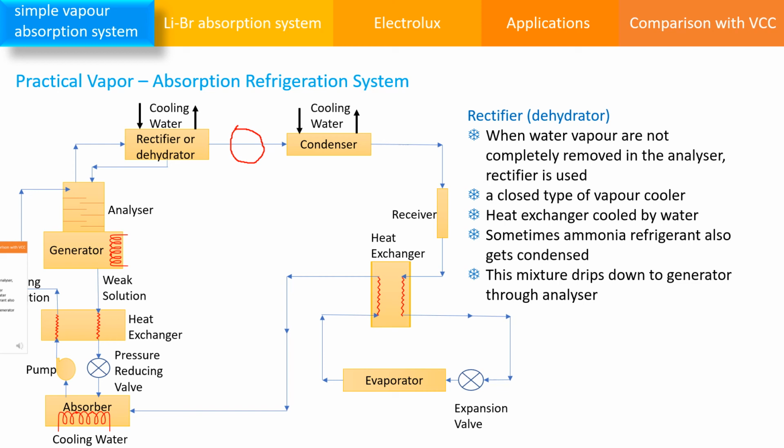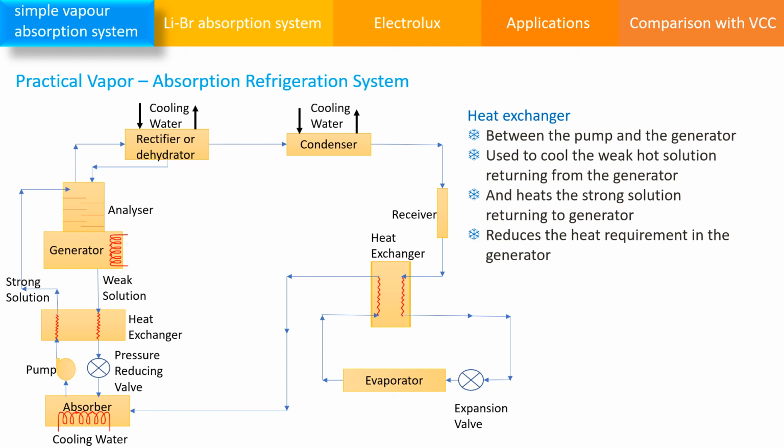As for the heat exchanger, it is used for improving the performance. It is a means of improving the overall performance of vapor absorption systems.